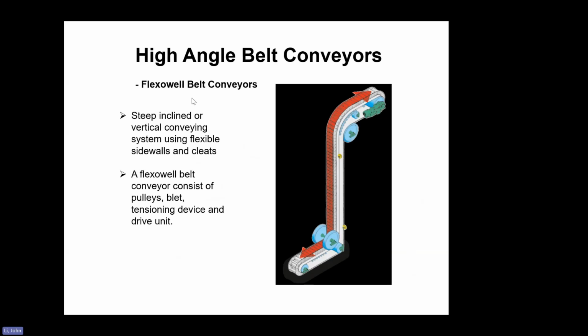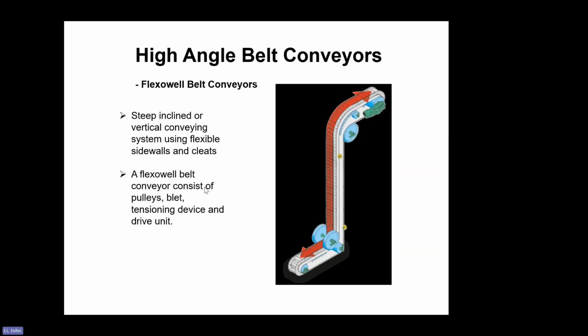So now I introduce the flexwell belt conveyor, mostly used for the process industry. It is a steep incline or vertical conveyor system using flexible sidewall and cleat. So this belt has a sidewall and the cleat in the middle.